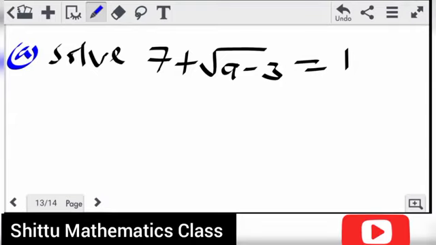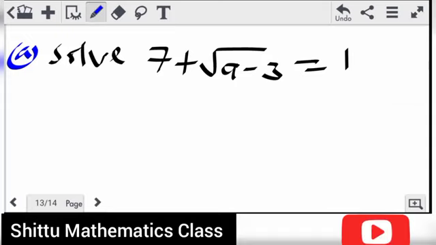In today's tutorial, we are going to be looking at this question on my board. So this is actually a radical equation. Now what do we say about a radical equation? I have said this in one of my previous videos under radical equations. A radical equation is just an equation where you are looking for an unknown, and the unknown is found directly under the square root or cube root sign.